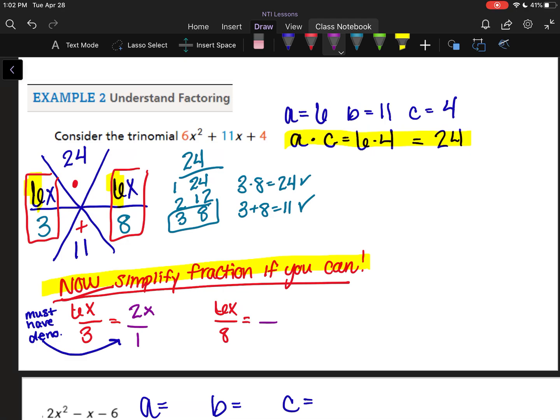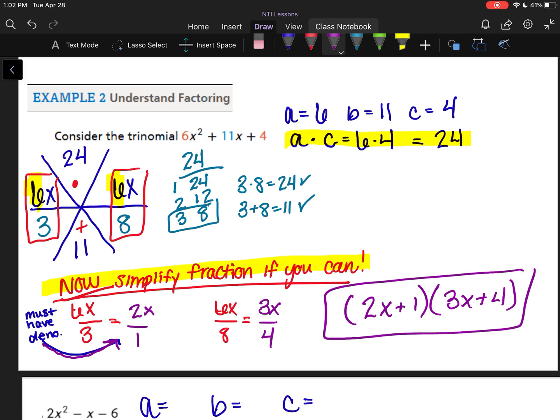I made a little note here. You must have a denominator. That's why we've got that note there. 6x over 8 can simplify to be 3x over 4. And what we have in purple now is our 2 factors, which would be 2x plus 1 times 3x plus 4. That would be my answer, the 2x plus 1, the 3x plus 4.